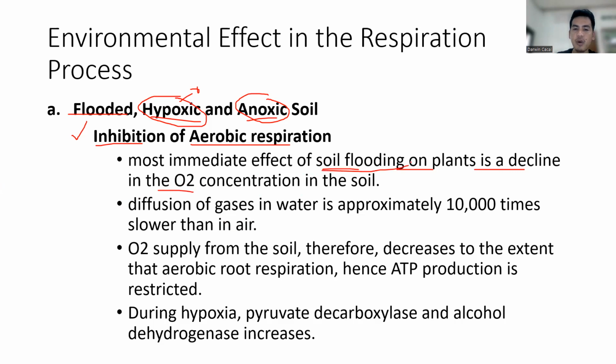So when there is soil flooding, for our plants, of course, the oxygen concentration in the soil is low. So, no oxygen. Okay? Diffusion of gases in water is approximately 10 times slower than in air. Okay? It says that the diffusion of gases is slower in water than in air.